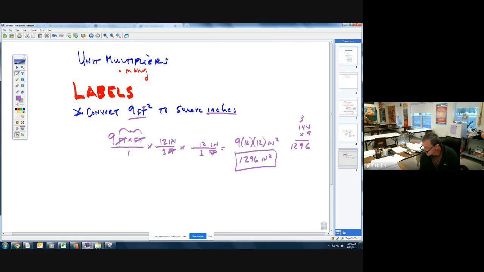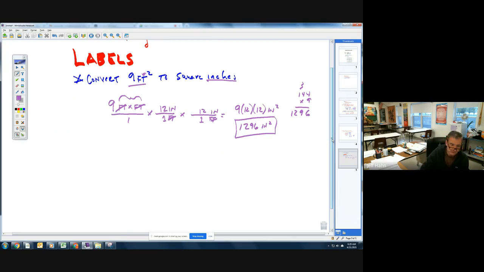Another example might be 1 meter cubed, and I want to change that into centimeters cubed.